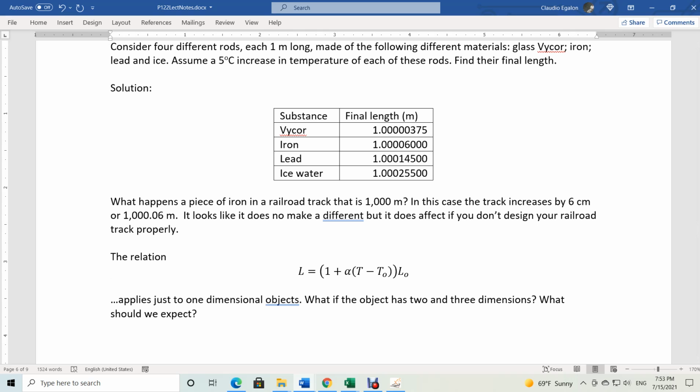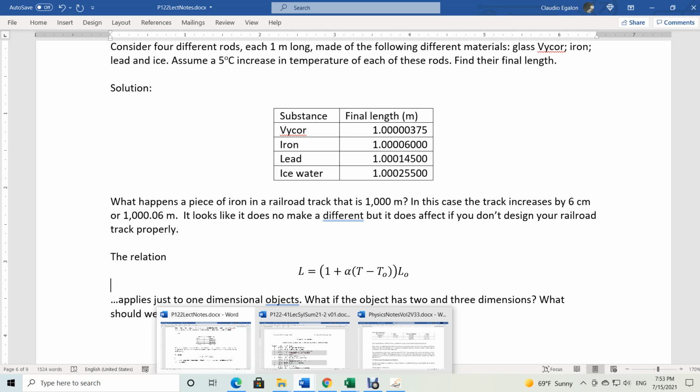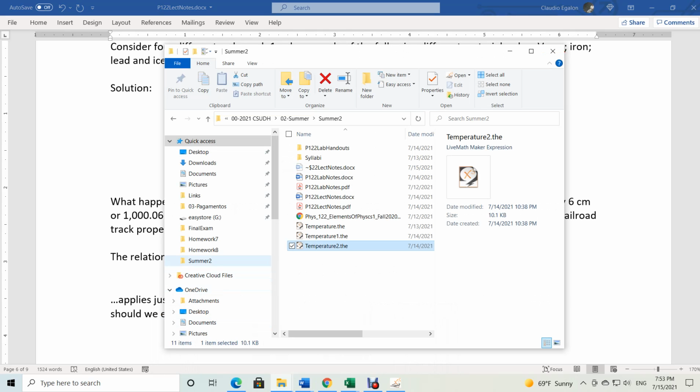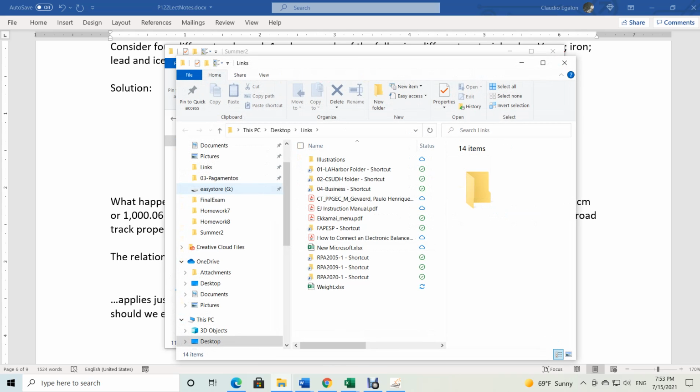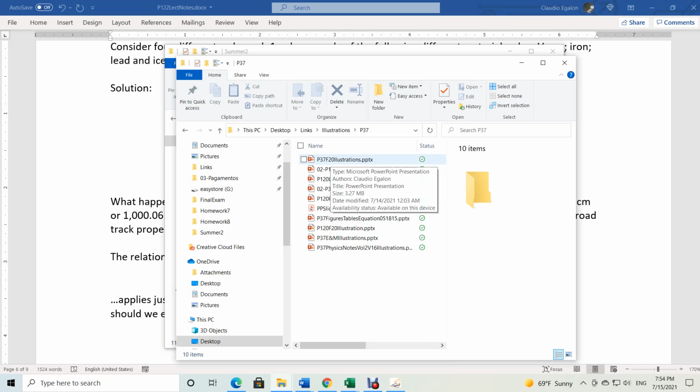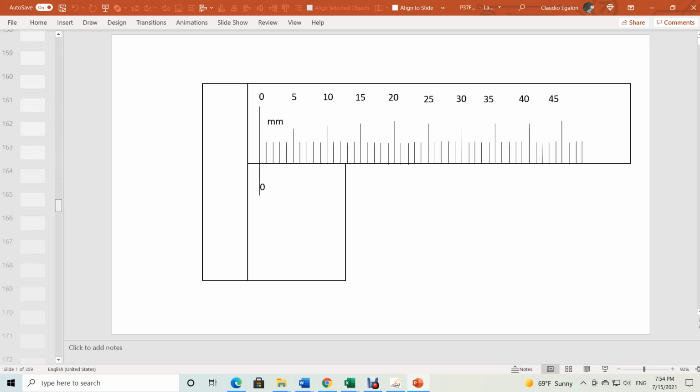Let's think in terms of a metal plate, a very thin metal plate. I'm going to get my illustration, my PowerPoint.